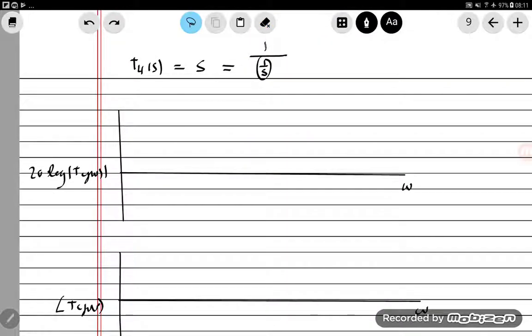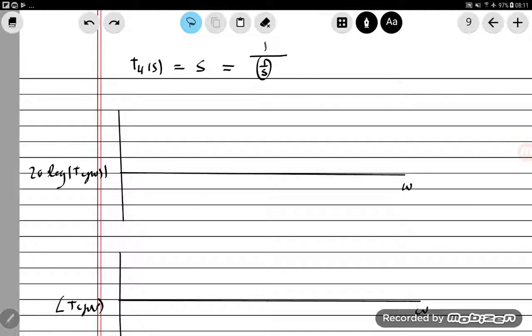Okay, this is decibel again. That's the angle. So what we're going to do is plot the magnitude plot of 1.